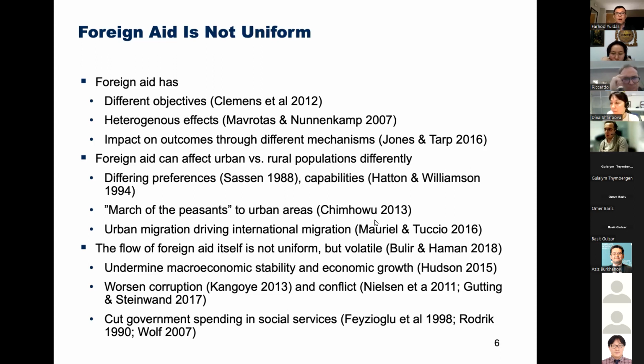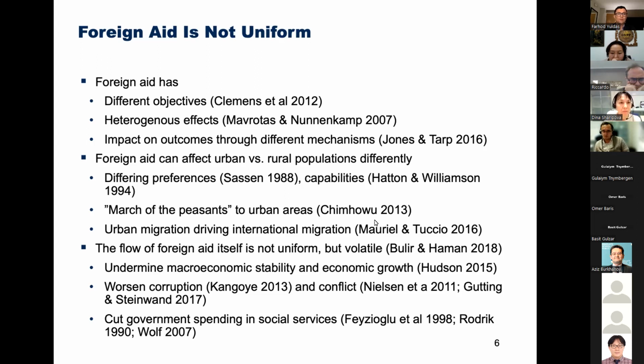So we looked at how that kind of volatility in foreign aid distribution across years could undermine all the objectives they're trying to achieve. It could even lead to worsening corruption and conflict, as well as some negative social outcomes when governments cut spending when they have negative aid shocks.